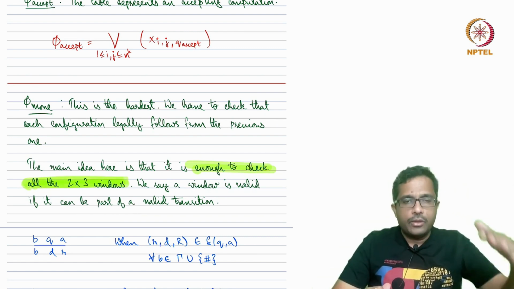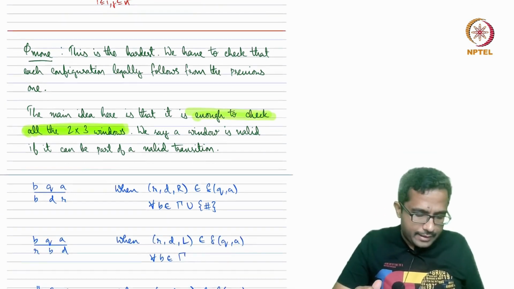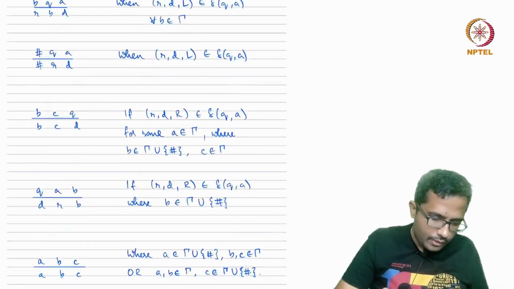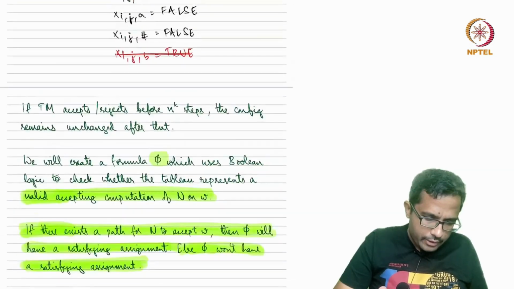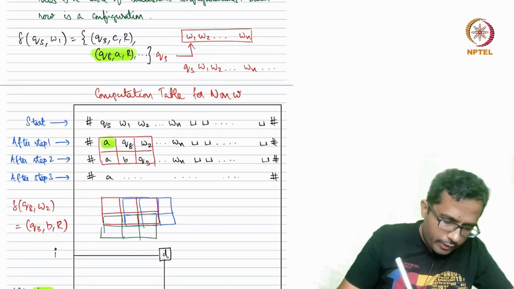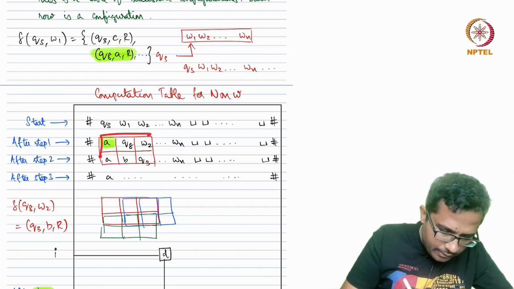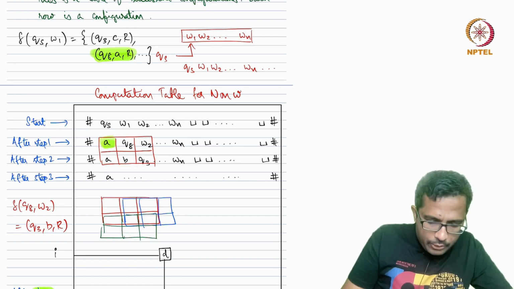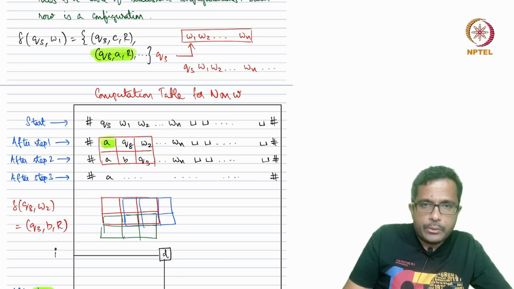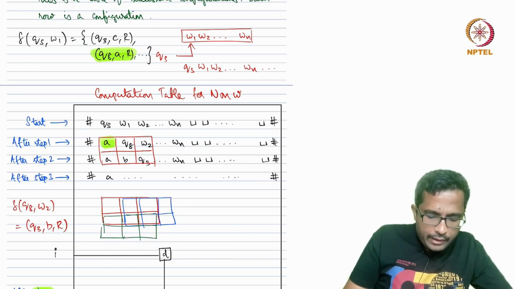So if there are two configurations, for instance, we saw here the window that is marked over here, where A Q8 W2 A B Q3. So the Q8 was in the center here, and after some valid move, the tape head moved to the right.